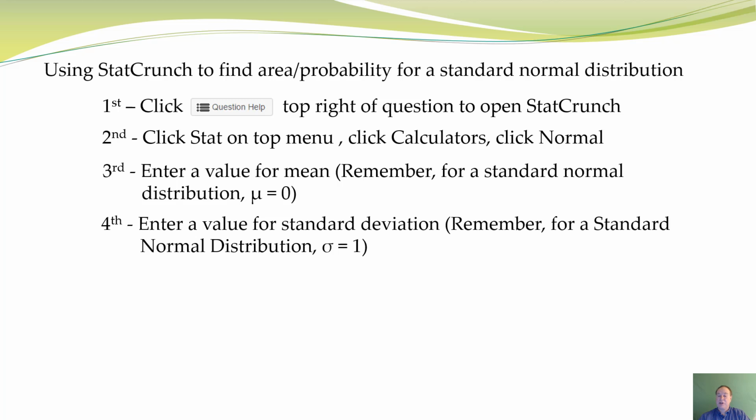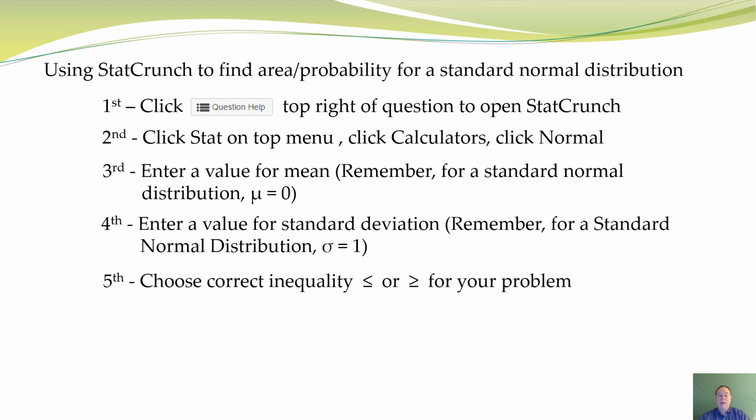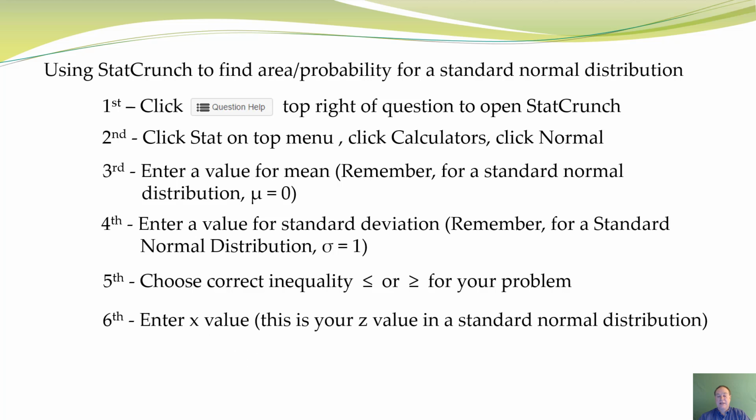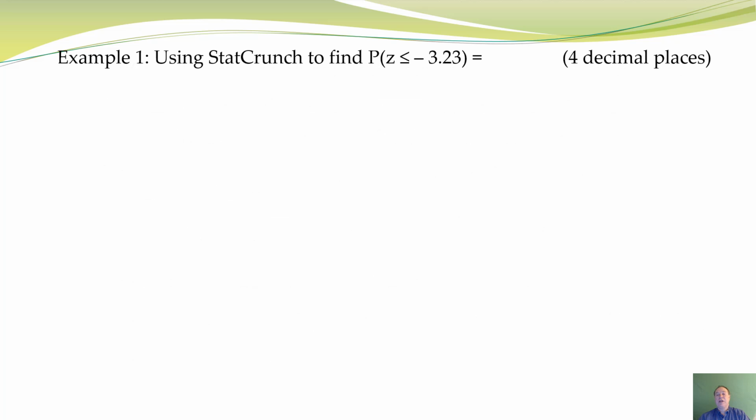Again, standard normal distribution has a standard deviation of 1. Choose the correct inequality, less than or equal to, greater than or equal to, for your problem. Sixth, enter the x value. This is your z value in a standard normal distribution. And click Compute.